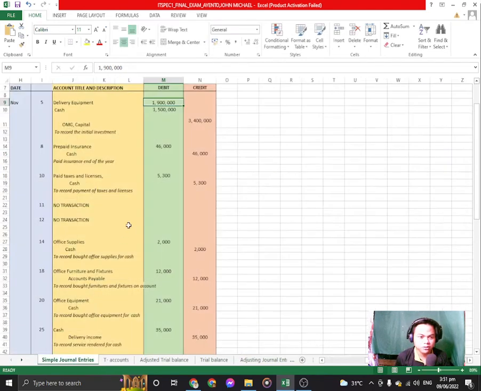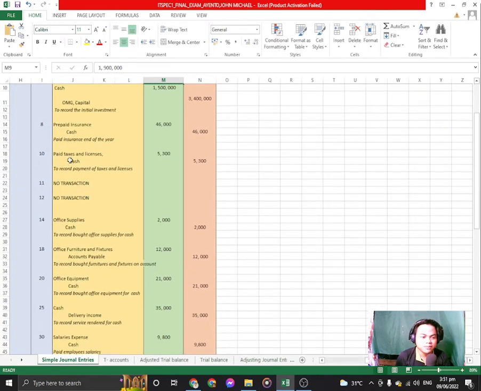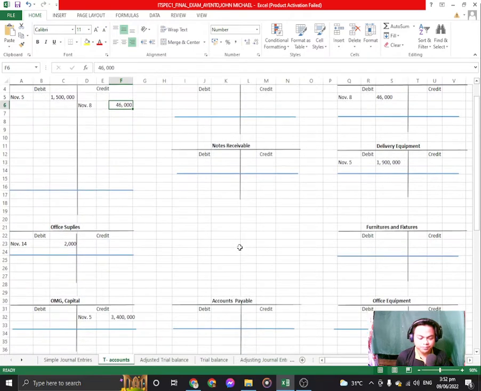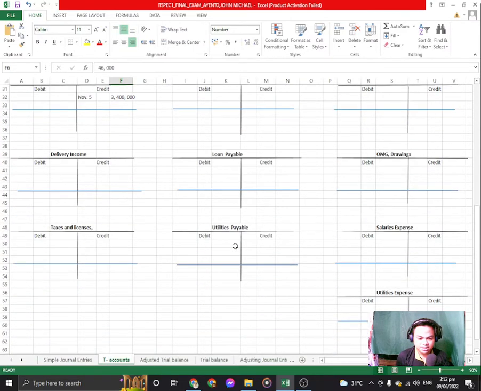Okay, we go back. November 10, paid taxes and licenses. The debit is 5,300 and cash for credit is 5,300 also. Let's find taxes and licenses.